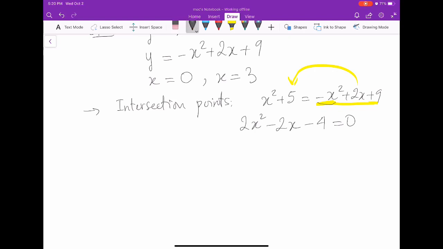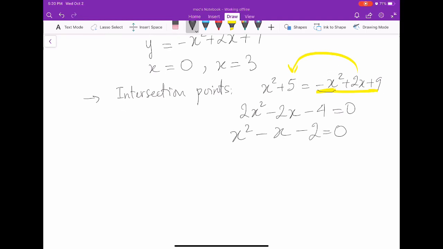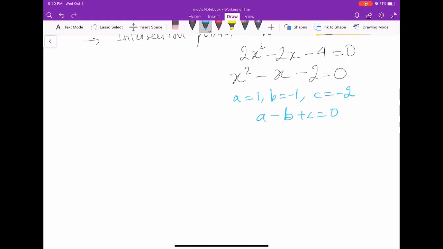So you divide both sides by 2, you get x squared minus x minus 2 equal to 0. So you see, this is a quadratic equation, right? And the coefficients are a equal to 1, b equal to negative 1, and c equal to negative 2. And you see that a minus b plus c equal to 0. And we know that if our quadratic equation has this property, then x equal to negative 1 is a root.